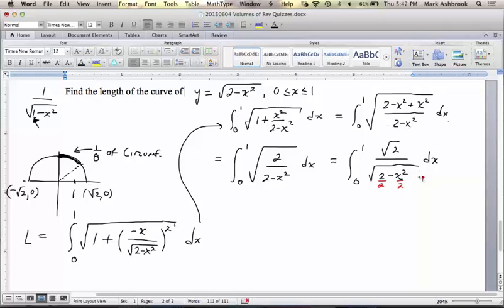So then, to compensate, I can multiply by square root of 2. That's in the denominator. Okay, so it's like I took the denominator and divided by square root of 2 by dividing by 2 inside the square root, and then to compensate for that, I multiply by square root of 2. Is it okay?